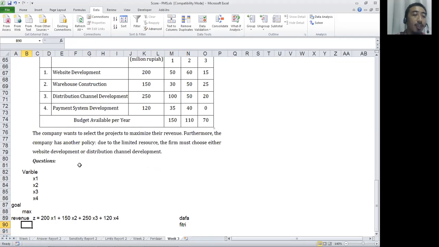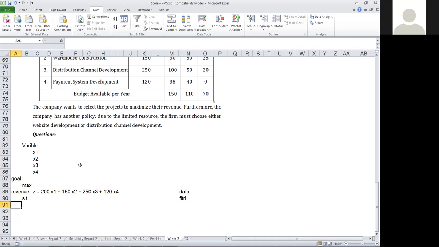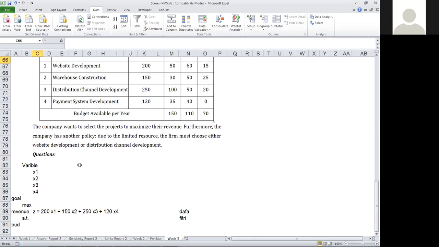Then, what are the limits? Subject to. What are the limits here? Budget. Okay, the first one: what is the first limit related to the budget? Anyone related to the budget?